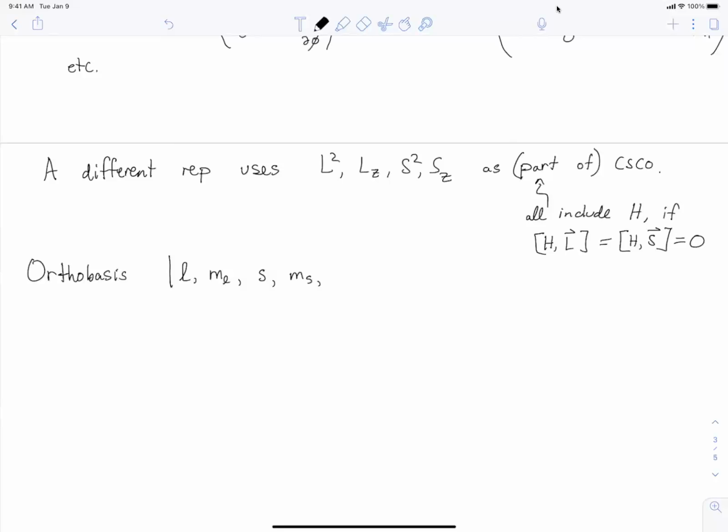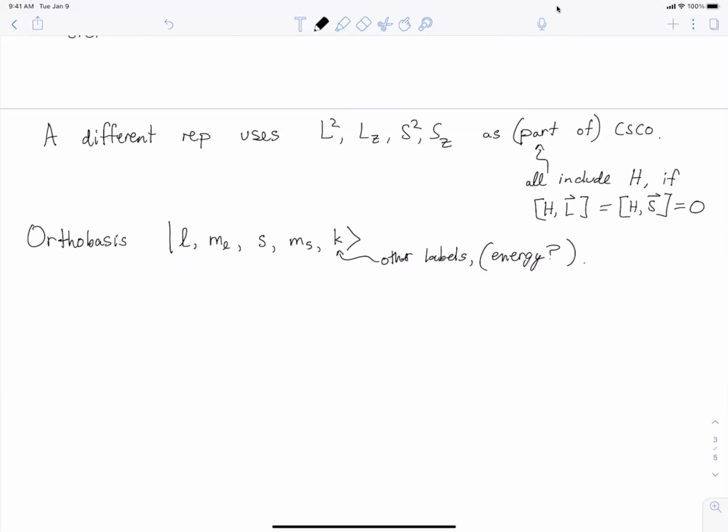In fact, there almost always will be other labels. And under favorable circumstances, that would be the energy. Okay, but right now, since we're mostly interested in angular momentum, those are just degeneracy labels for angular momentum.